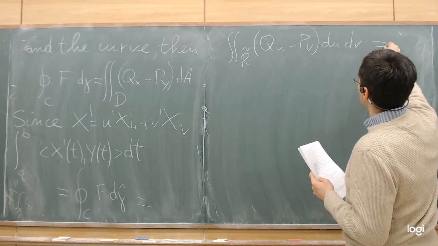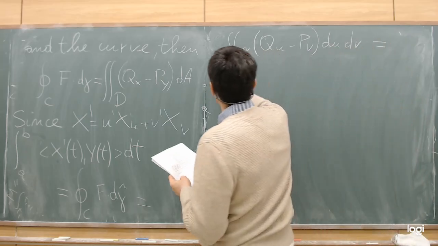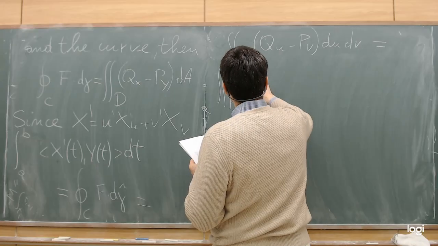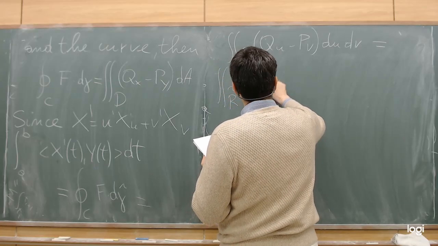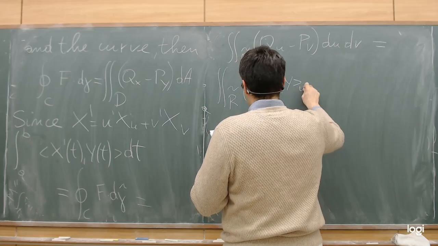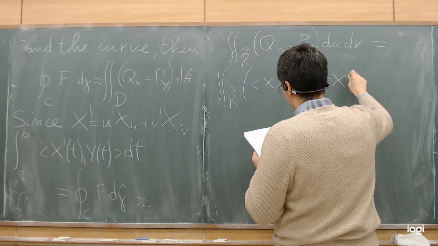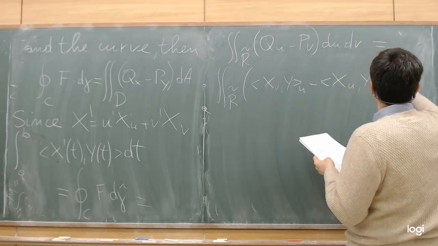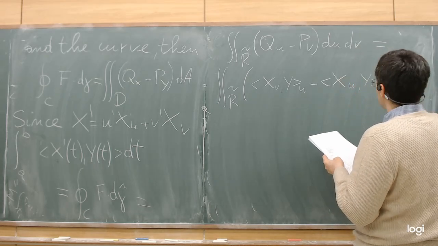Okay, now let's expand this function. This is the integral of xv y u minus xu y v du dv.